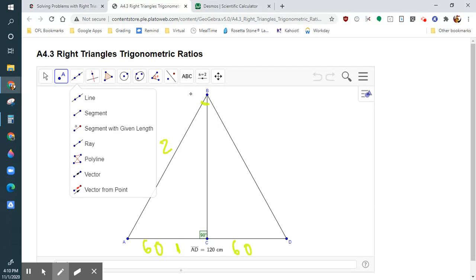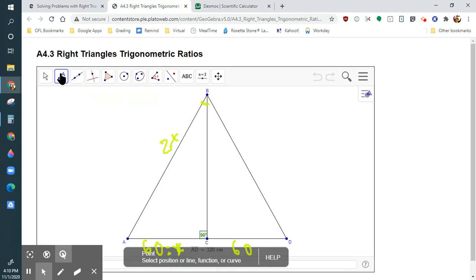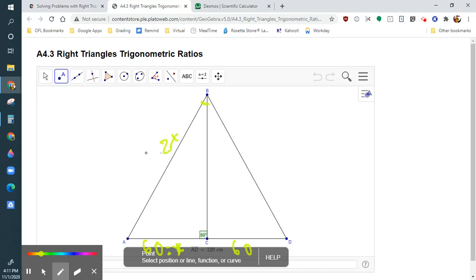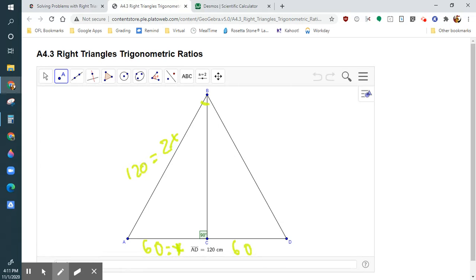So if this is x, then this has to be 2x. And since x equals 60, then this side has to be 2 times 60, which means this side is 120.